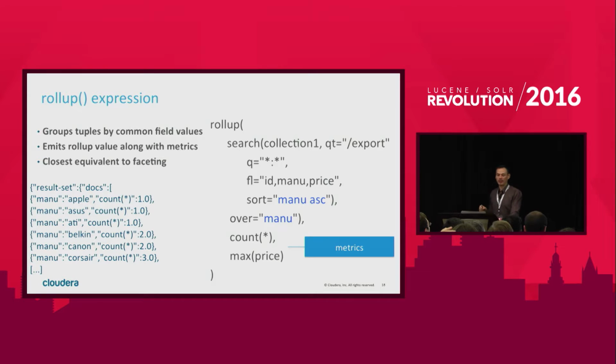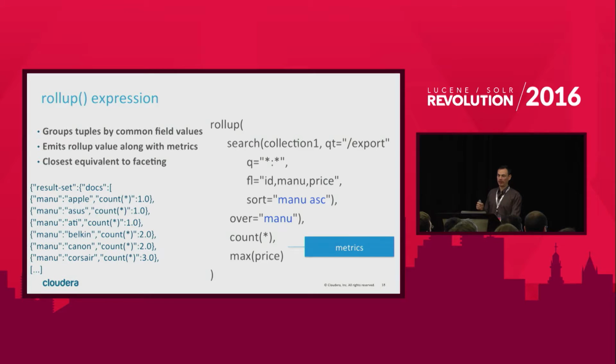So the roll-up expression is the closest thing we have to faceting, in that basically it groups by unique values in a field, and then calculates metrics for each bucket, just like faceting.